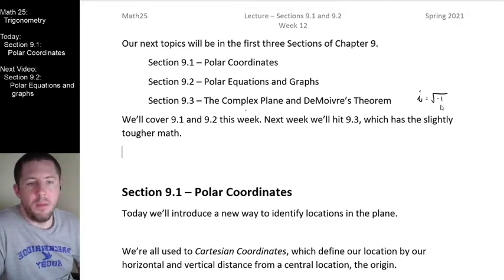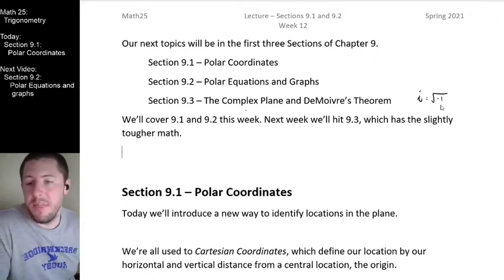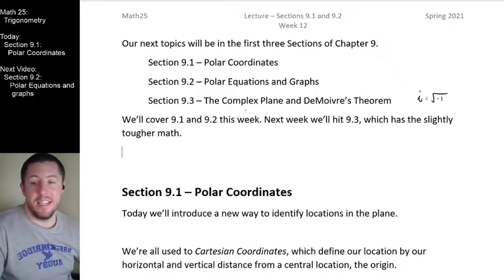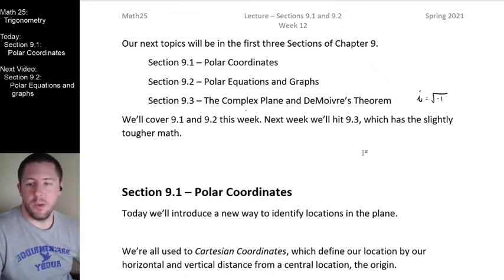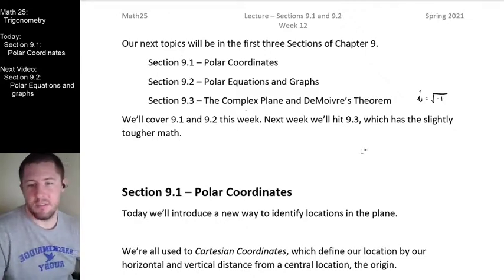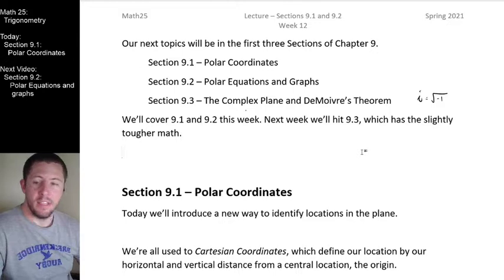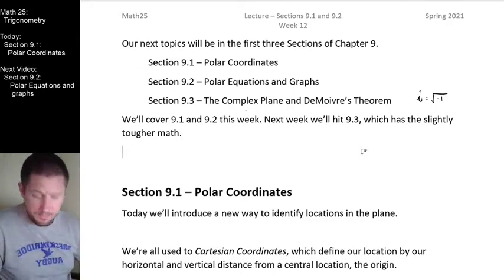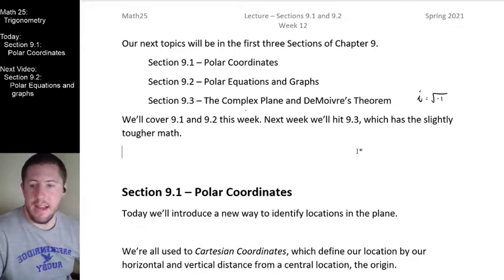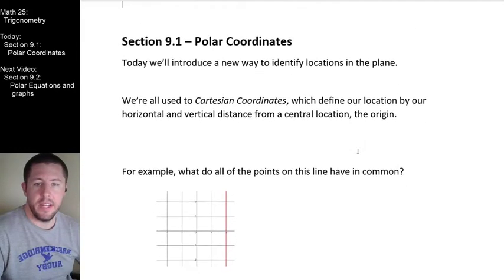This is one of those weeks where I hope that you find this stuff to be relatively easy. It is like a brand new idea rather than stuff that you're already familiar with, but that just means that we're covering the introductory concepts associated with it. As long as you're able to open your mind to doing measurement a little bit differently than you're used to, you'll find this to be not too terribly difficult here. So let's go ahead and hit it.